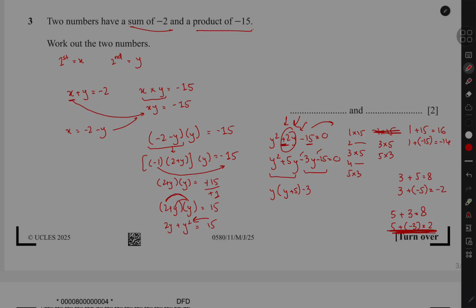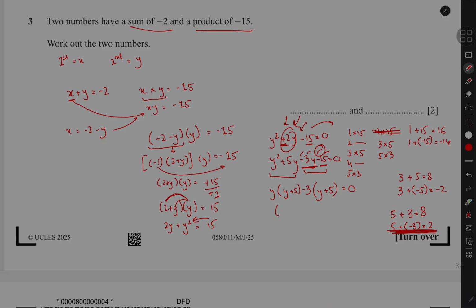So the negative from here and negative from here I can take common, and 3 over here. So negative 3 times, here there's just y left. Here there is just positive 5 left because I took out the negative as common, just positive 5. 3 fives are 15, okay? Which is equal to 0.